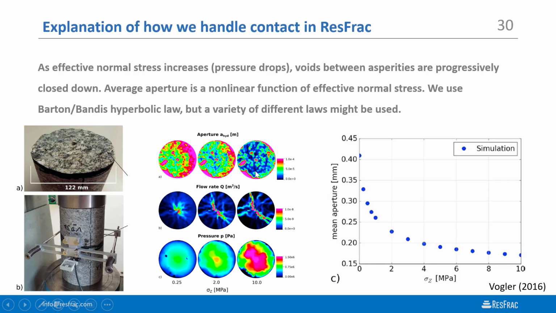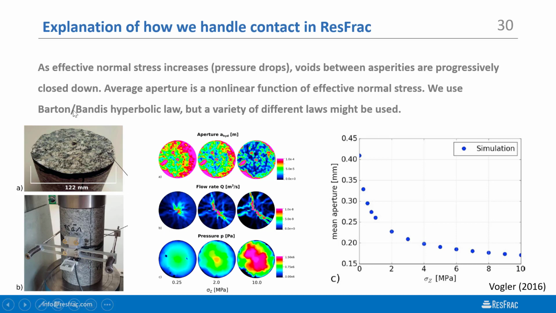There's a certain mean aperture equal to the size of the largest asperities, and then as the fluid pressure drops further, that aperture is squeezed down as the asperities themselves have the ability to deform. There may also be a slight motion of the fracture that allows them to mate. And then there often would be an asymptotic residual aperture.